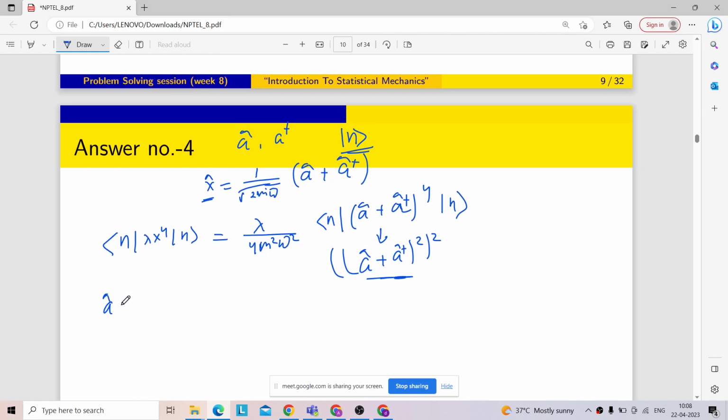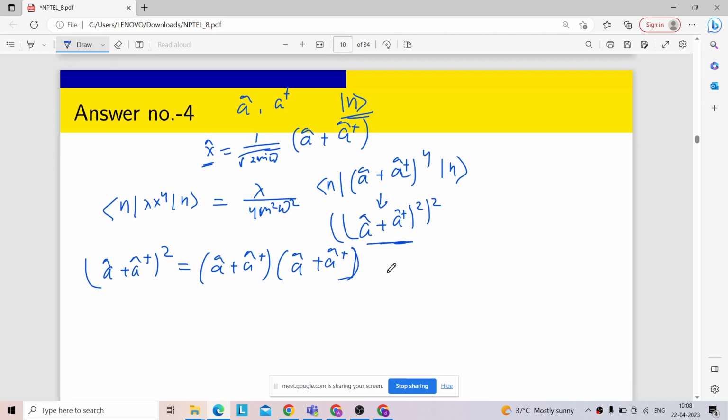So (a + a†) squared is nothing but (a + a†) into (a + a†), right? So this will give a² + a†² + a a† + a† a.